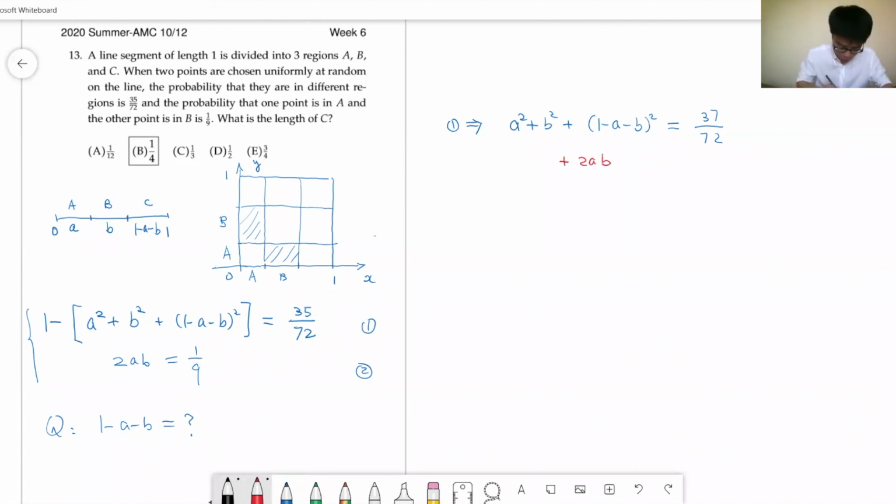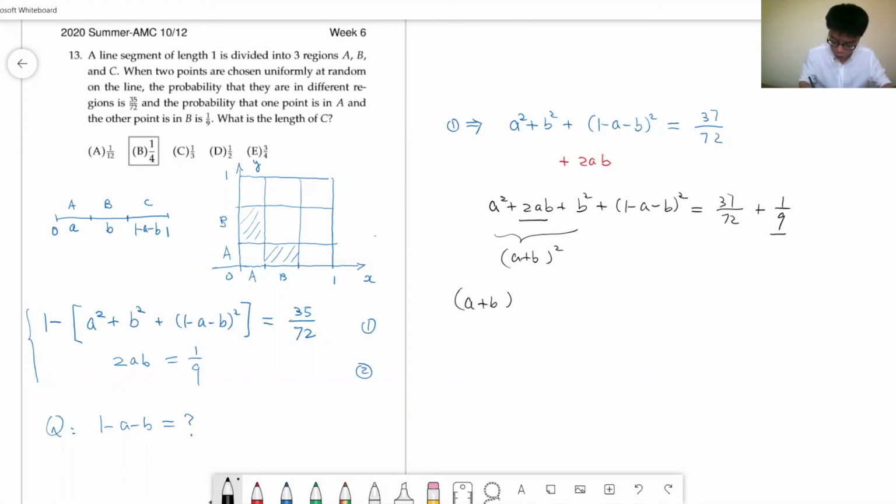So I will have the following: a squared plus 2ab plus b squared plus (1 minus a minus b) squared is 37/72 plus 1/9, okay? Because 2ab is 1/9. And then the first 3 terms is basically (a plus b) squared. So totally we have (a plus b) squared plus (1 minus a minus b) squared equals 5/8. Okay, 5/8.